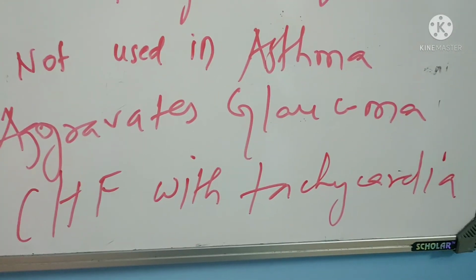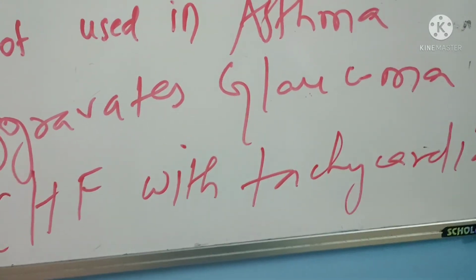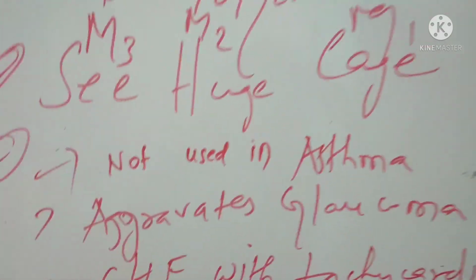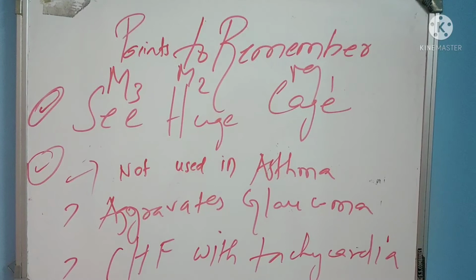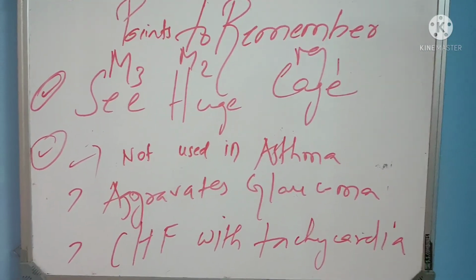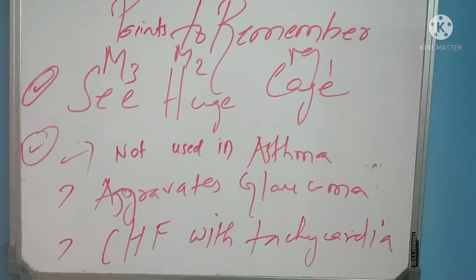And even in congestive heart failure patients with tachycardia, it should not be used because it increases the heart rate. So that's all about atropine, the muscarinic receptor blocker. And we saw atropine, scopolamine, synthetic and semi-synthetic agents, and the overactive bladder.